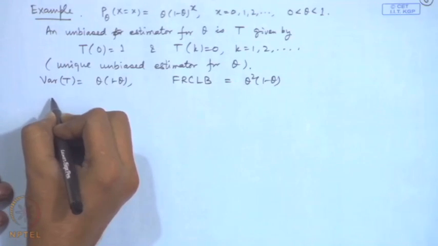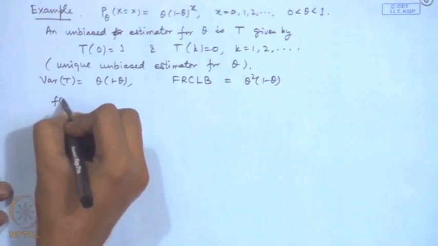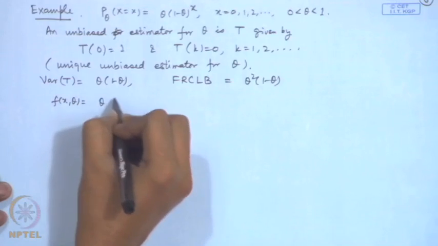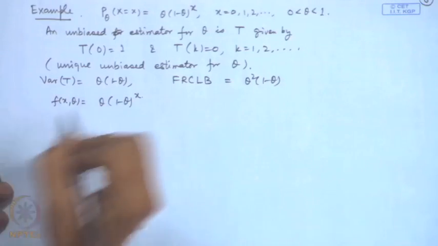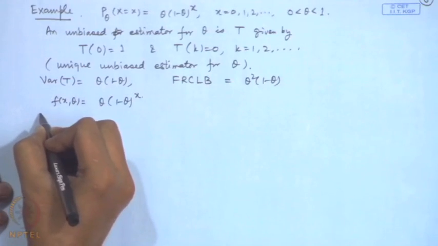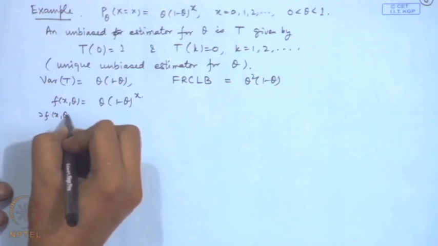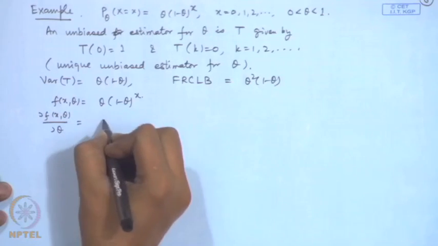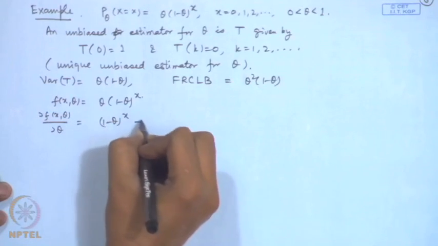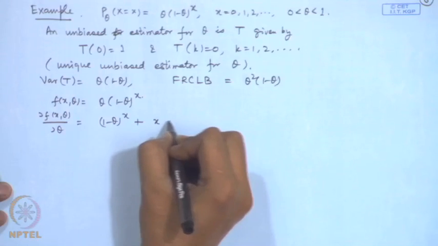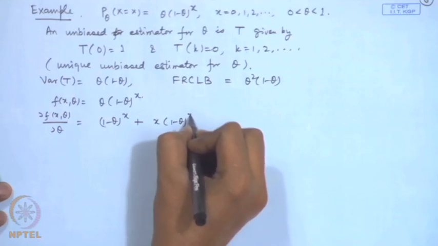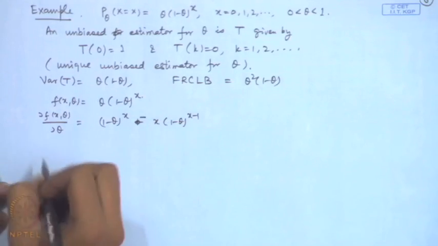So, let us calculate here f of x theta is equal to theta into 1 minus theta to the power x. So, del f by del theta is equal to 1 minus theta to the power x plus x into 1 minus theta to the power x minus 1 with a minus sign.